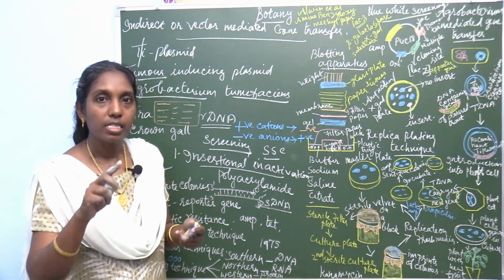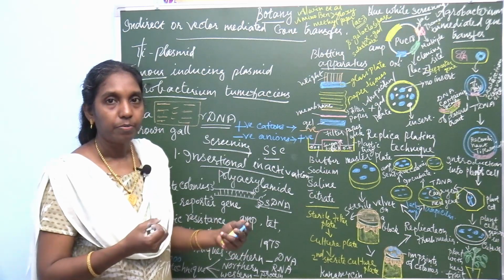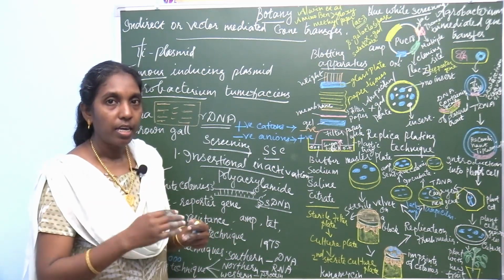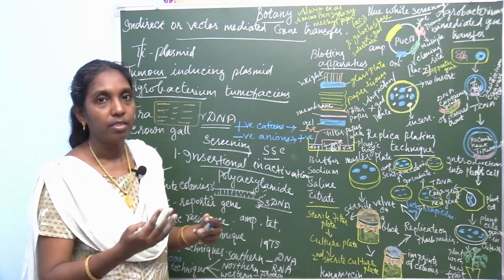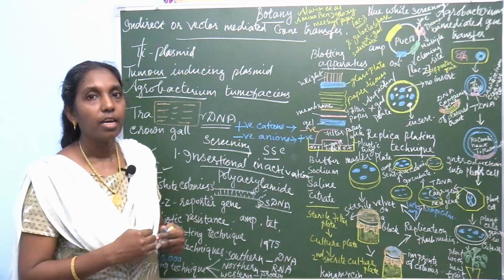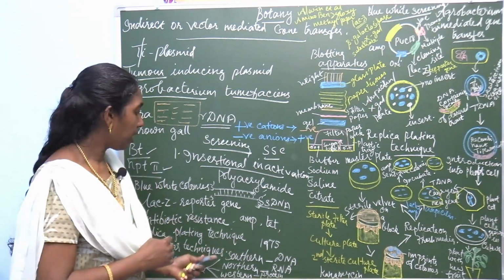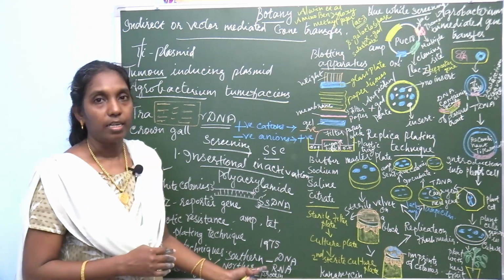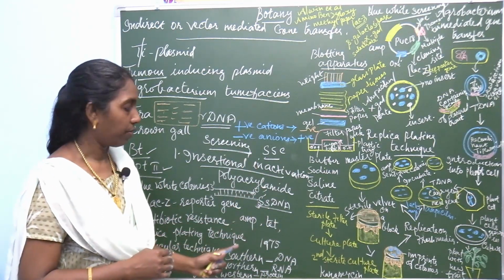Then ssDNA is formed and trapped. From the ssDNA, hybridization of DNA forms the complementary pair. Then it is detected in the form of an image by autoradiography. This technique was demonstrated by Southern in the year 1975.